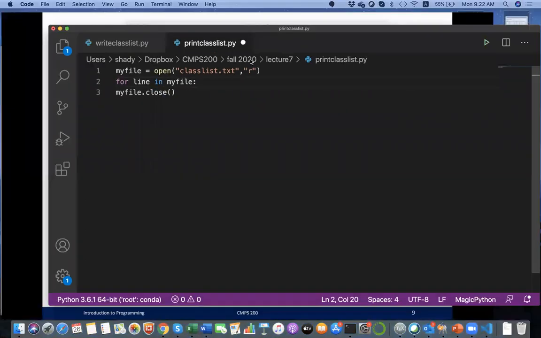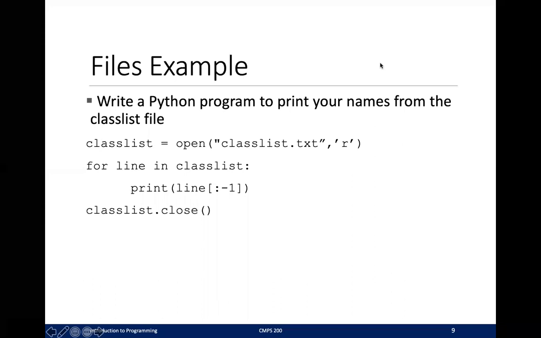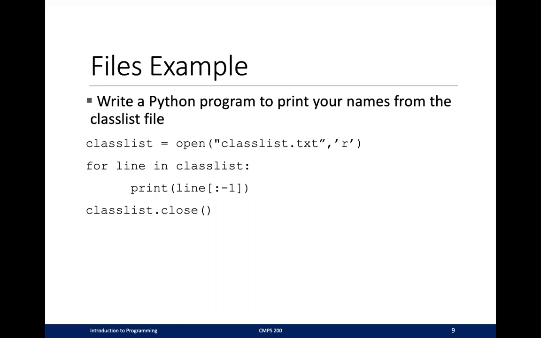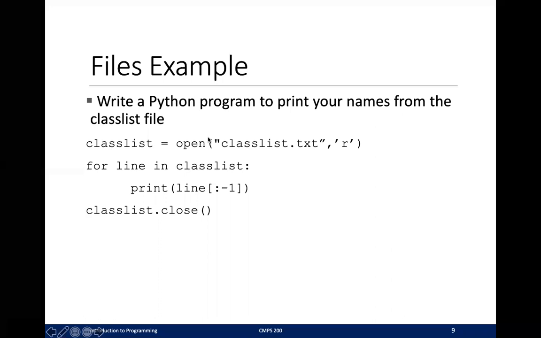So how do I read from a file? Let me show you on the slides because this is new. Here I called it class list, in the program I called it my file, it doesn't matter. This statement is for opening the file for reading, because I'm giving the mode as R. And now I say for line in class list. What does class list give me? It gives me all the lines inside the file as a list.